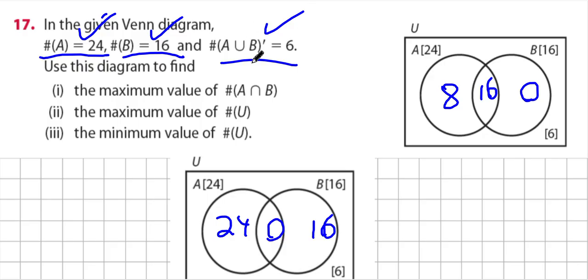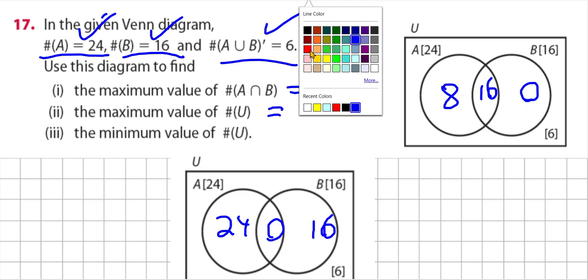Next question. What is the maximum value of the intersection? Which one has the bigger intersection? 16 in the middle. So the first answer is 16. Which one has the bigger U value? U value is where you add all the numbers in the rectangle.